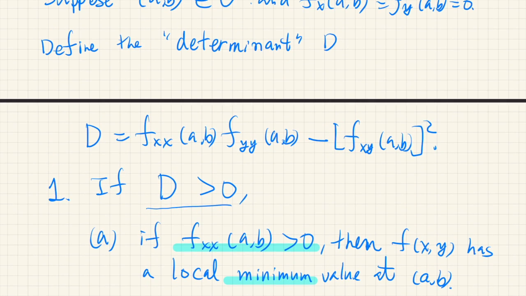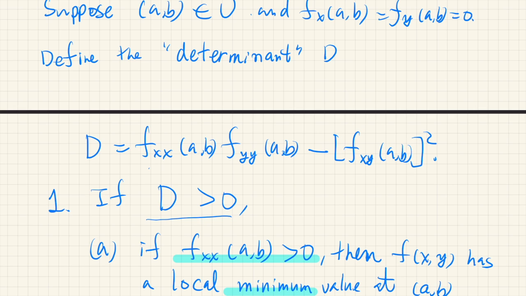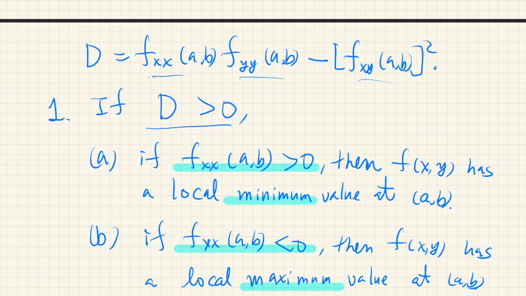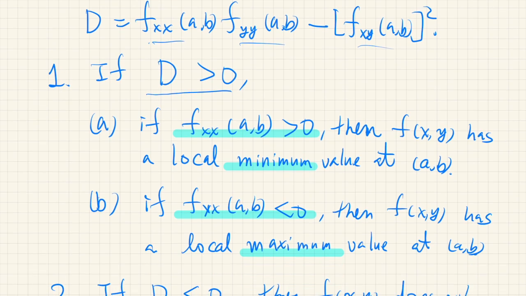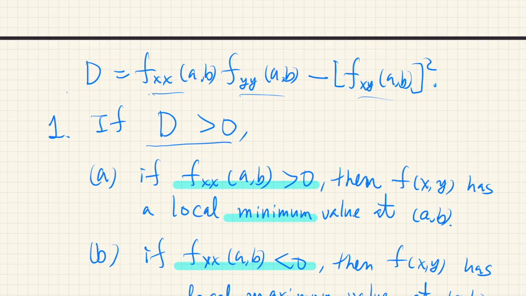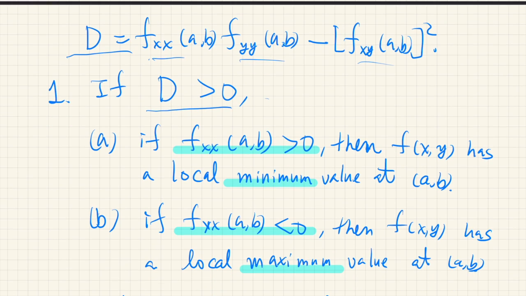But in the case of a bivariate function, since we have 3 different second derivatives, it's a little bit complicated. So we define this thing called the determinant, and if it's positive and this second derivative is positive, then it has a minimum value.